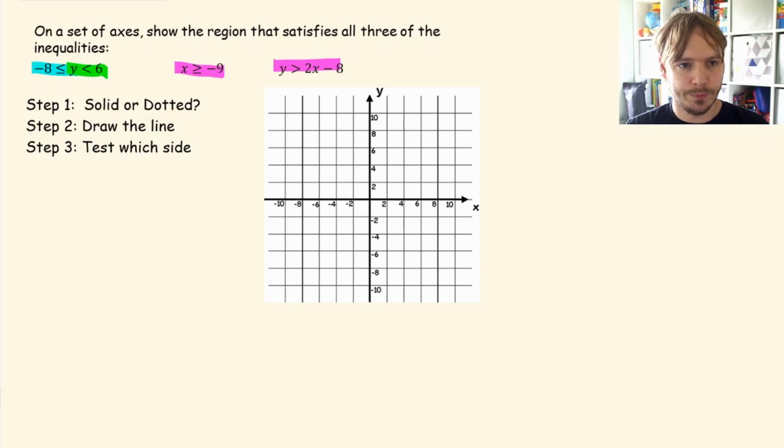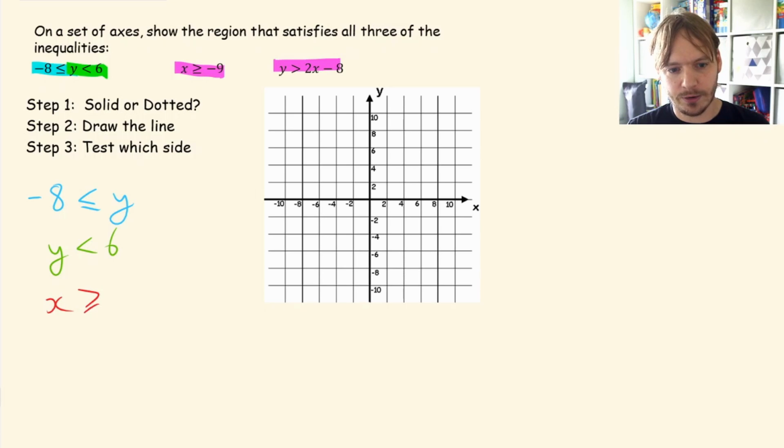So what we're going to do is I'm just going to jot them all four down as separate things. So I've got to sort out -8 less than or equal to y, and then I've got to sort out y less than 6, and then x greater than or equal to -9, and then y greater than 2x subtract 8.